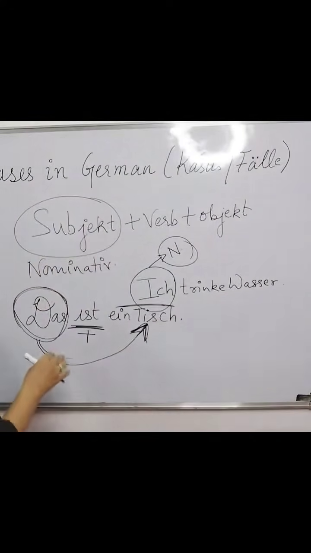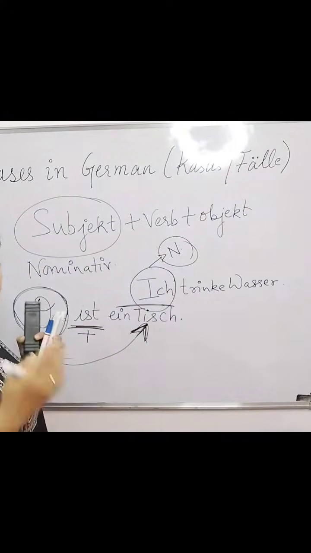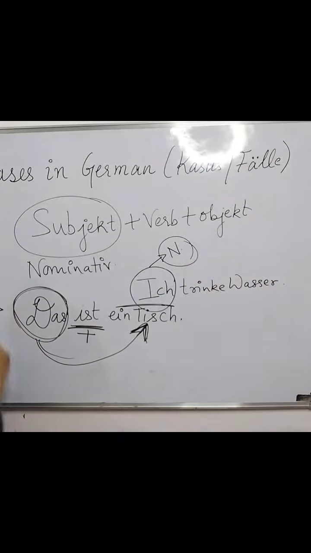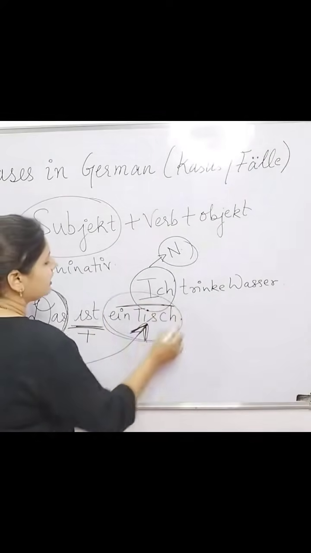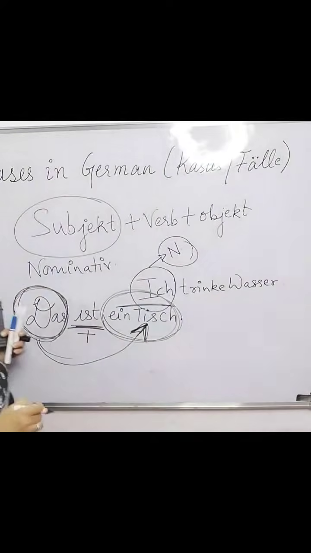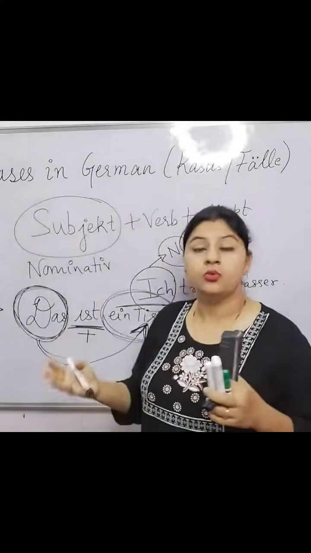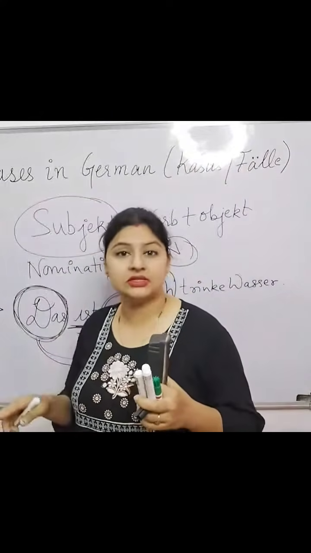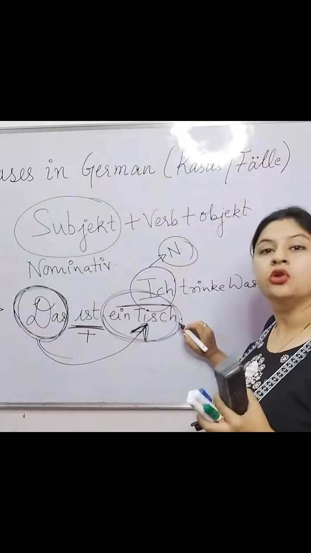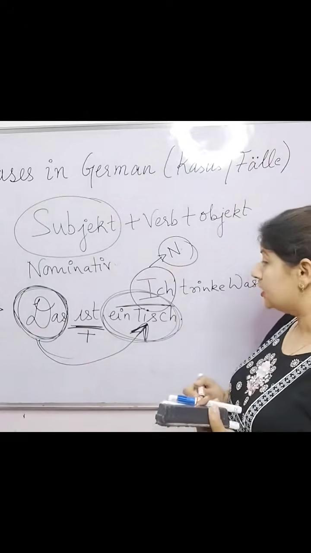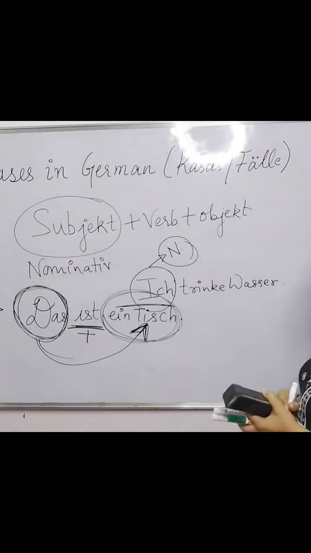When we are using a helping verb, or when in one sentence the subject is equal to the object, then this is a nominative case. So in our rule, subject is nominative.